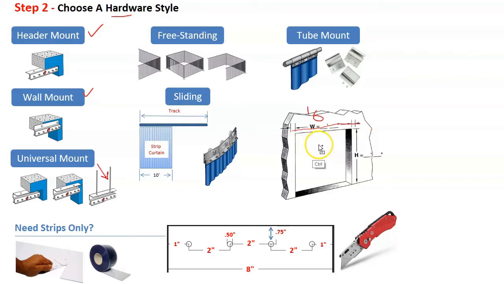And the next type of hardware that we have is the universal mount. A universal mount actually is both styles, a header and a wall mount. And you would get this type of hardware if you're undecided of which one you actually need. So you can see here we're mounting inside of the jamb, and here we're mounting to the face of the wall, which I just described. In addition to that, it also is a threaded rod type hardware.